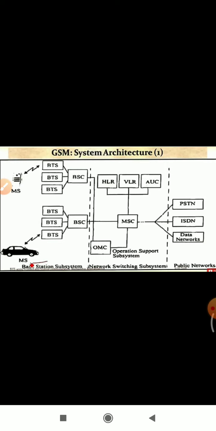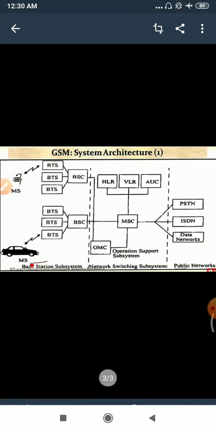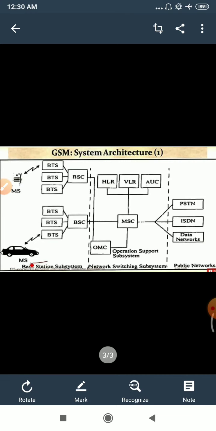Now here, in simple language, we can take an example. Suppose you have to call your friend. Whenever you have to establish a call with your friend, there will be a need for some channel to communicate, right? This channel will be allocated by the BSC unit for the duration of that call.